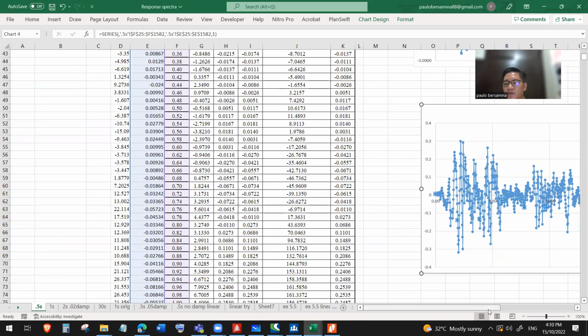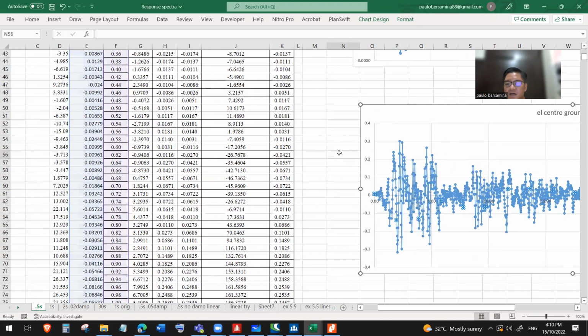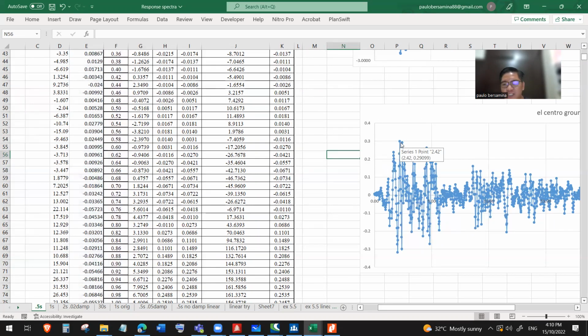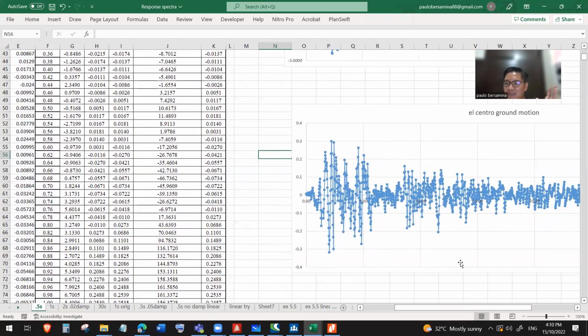Kaya you will observe that the PGA of this earthquake is about 0.3, so hindi siya 0.4. It's just 0.3 g. So hindi pa yan yung recommended ng NSCP, right?